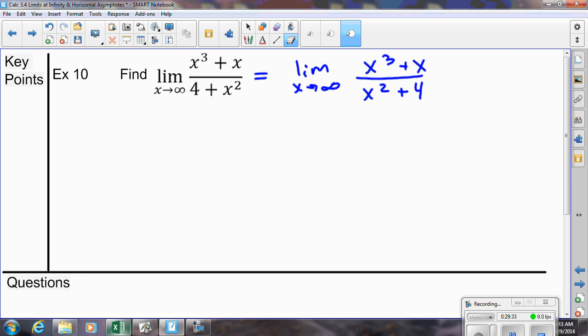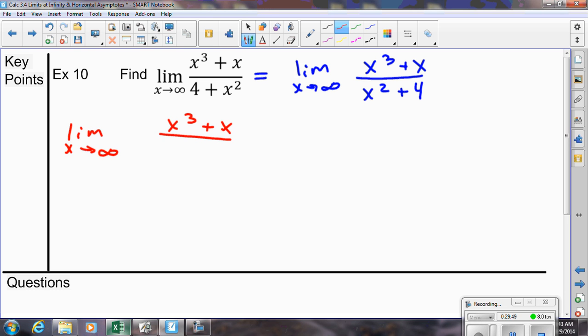This is a problem that greatly benefits from that divide out by the largest exponent technique that we did before. I'm going to skip some of the algebraic steps, but we'd have x cubed plus x over x squared plus 4 over x squared. This technique uses the largest exponent in the denominator.